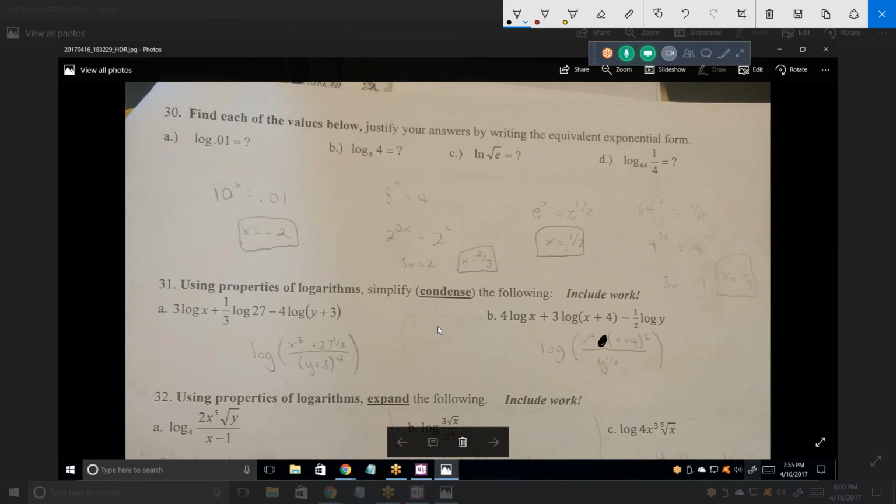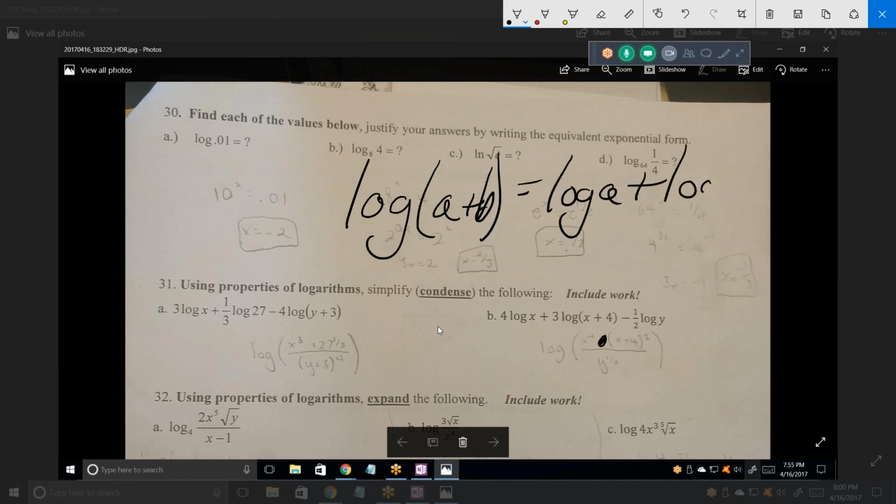And you're only making one mistake, and that is you're adding a new argument. And always remember one thing about logs, is you never do the same thing. In other words, if the logs are being added, you're never going to add the two arguments. That's not happening. You do not get the log of A plus B. That's not equal to the log of A plus the log of B. That never is the case.